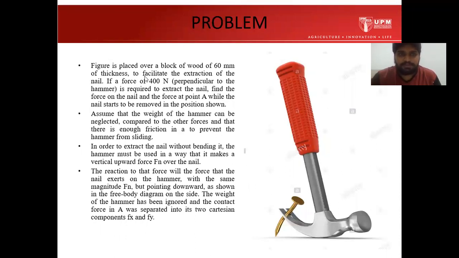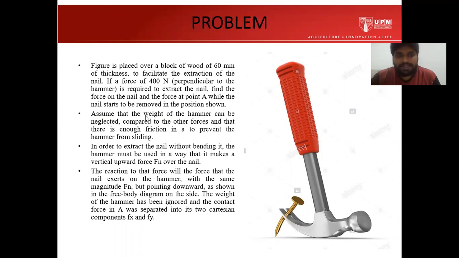The problem is that the figure is placed over a block of wood, 60 millimeter in thickness, and facilitates extraction of the nail. If the force is 400 Newton and perpendicular to the hammer, and it is required to extract the nail, find the force on the nail and the force at point A while the nail starts to be removed in the position shown.